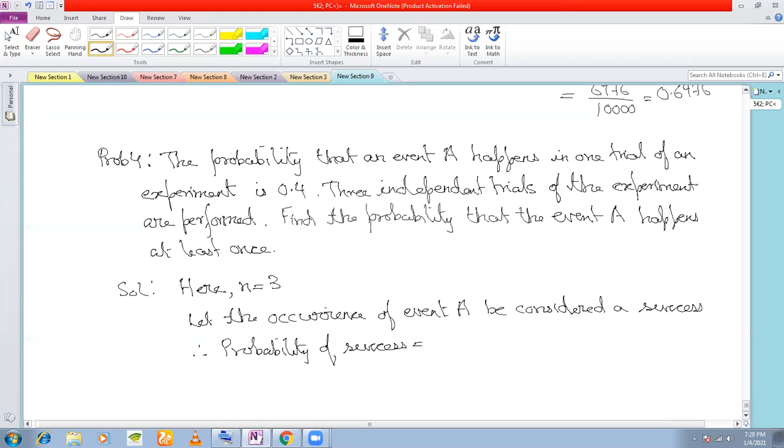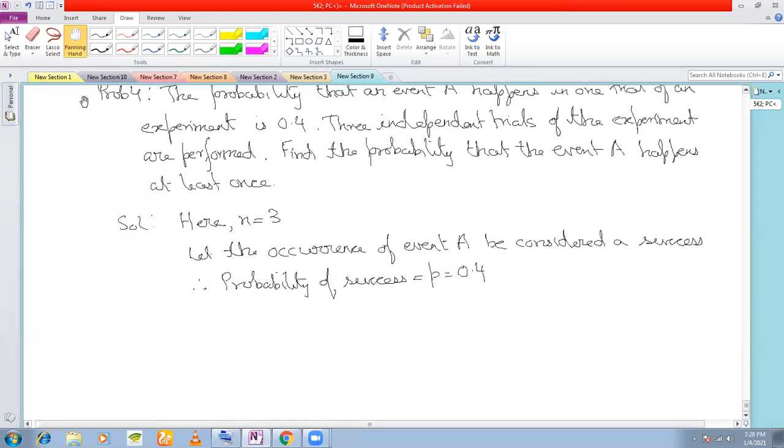Look at the first sentence. The probability that an event A happens in one trial is 0.4. That means the probability of success is 0.4. It is given to you. So you've got the value of P. Therefore, what is the probability of failure? 1 minus P, which is 1 minus 0.4, which is 0.6, right?